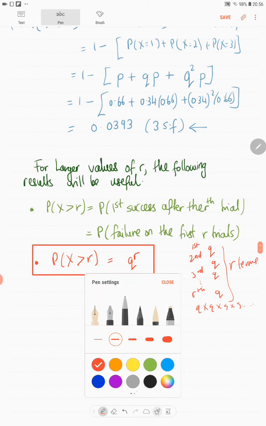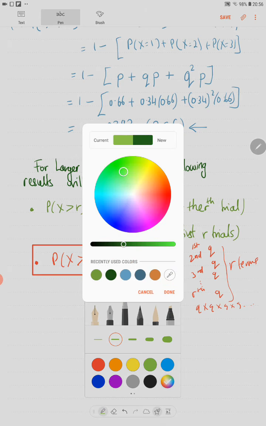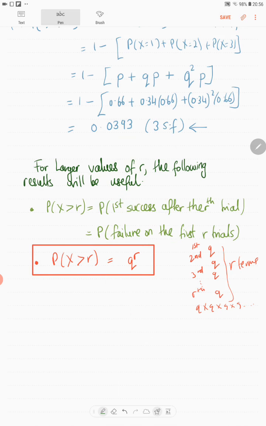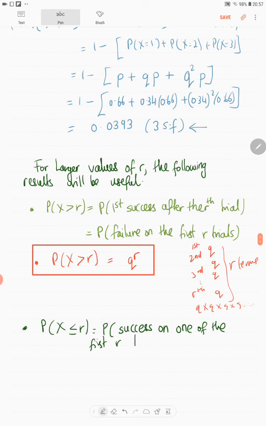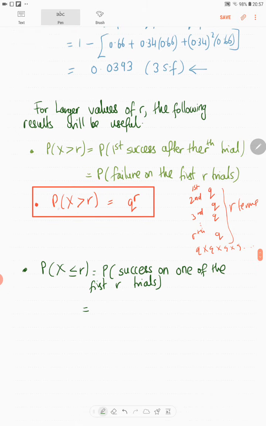Now, the second one. If we have the probability of capital X less or equal to r, this means that the success can be obtained on one of the first r trials. If the probability X greater than r is q power r, then the probability X less or equal to r is the complement.